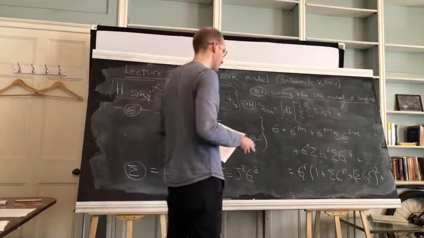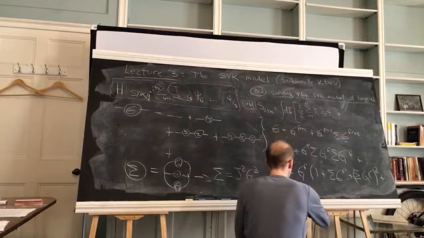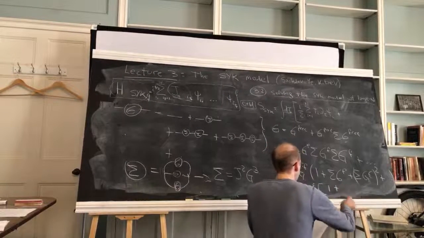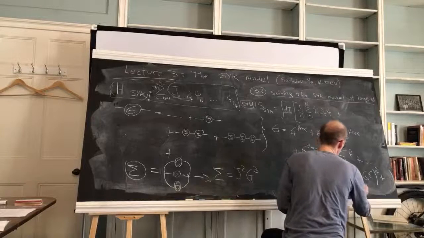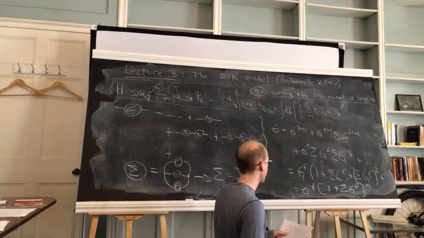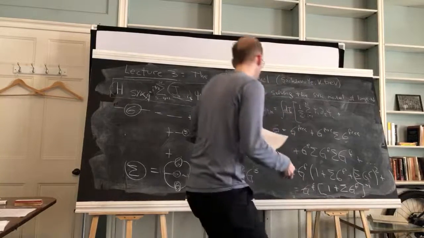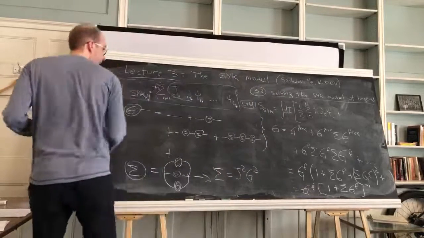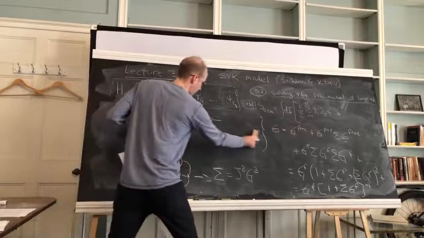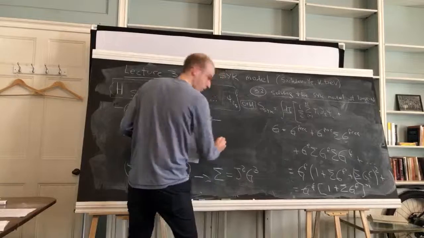And we can sum a geometric sum. So this gives G free times 1 plus sigma G free to the minus 1. And if we put the G free inside the parentheses, then we get our, yes. Is there a question?